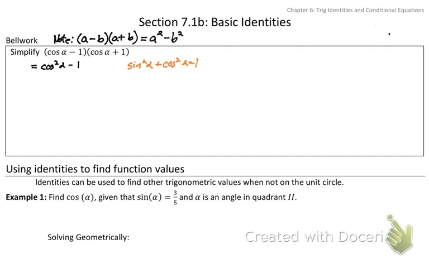We're going to now have sine squared alpha plus cosine squared alpha. If I subtract 1 on both sides, I'm now going to have a minus 1 on this side. Now I've got this and that, but it's not all by itself, so I need to move this sine to the other side. To do that, I'm just going to subtract sine squared from both sides.